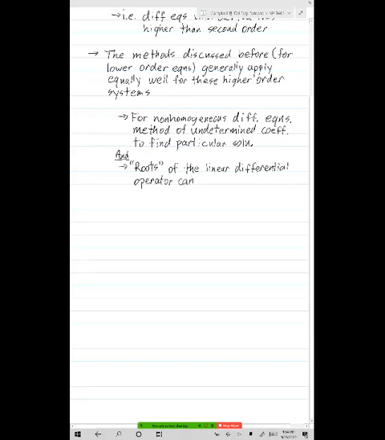And that can be used to determine clearly the basis functions for the homogeneous solution.